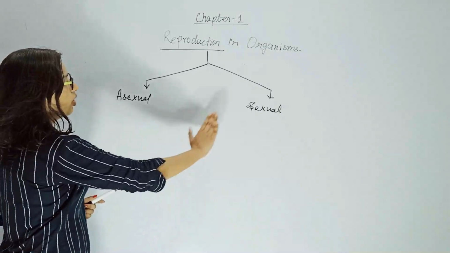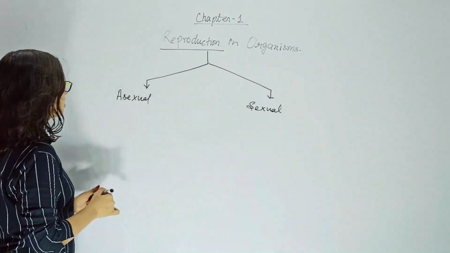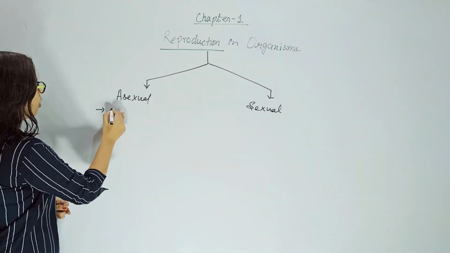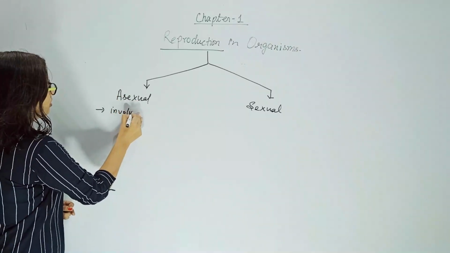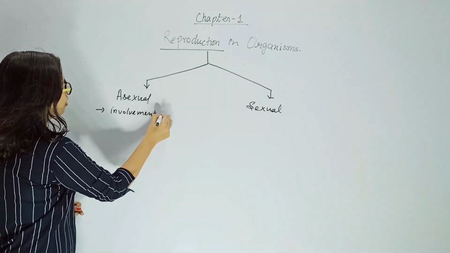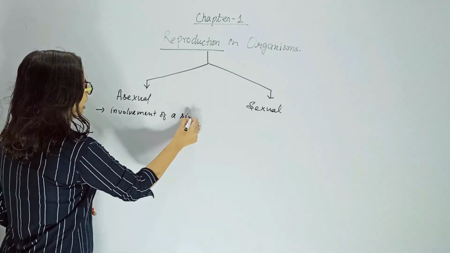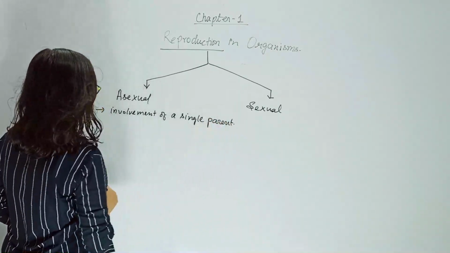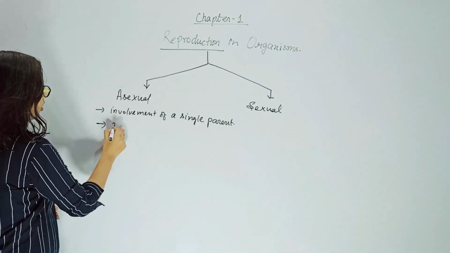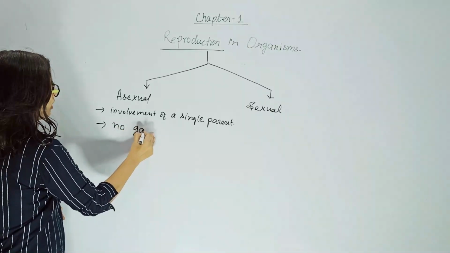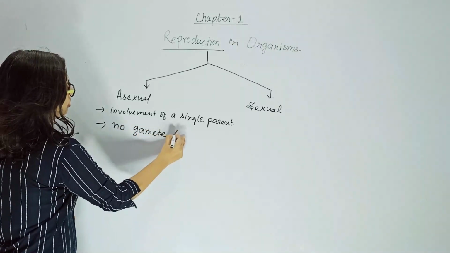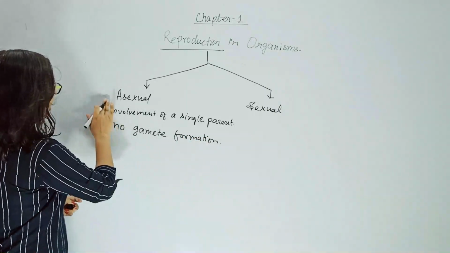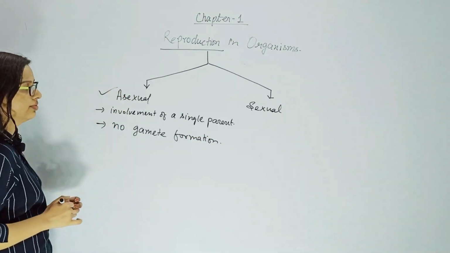In asexual reproduction, as you know, there is involvement of a single parent and no gamete formation. No gamete formation happens in case of asexual reproduction.